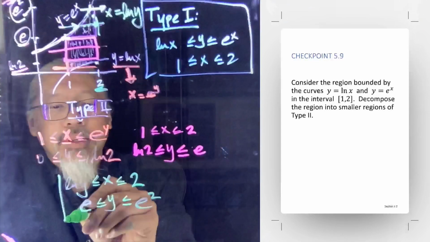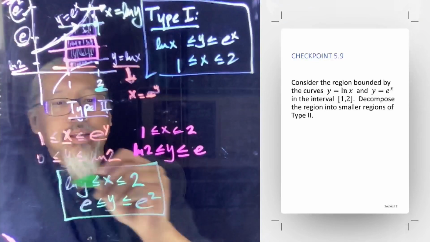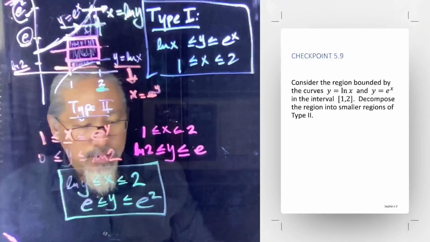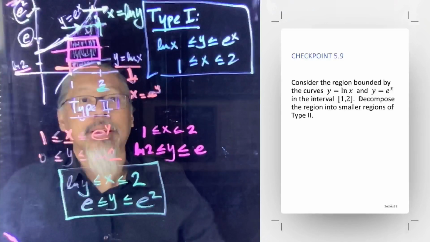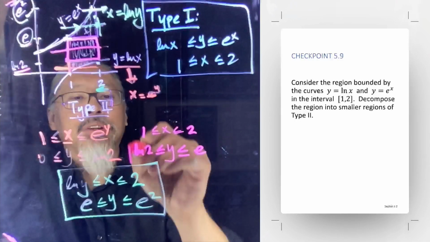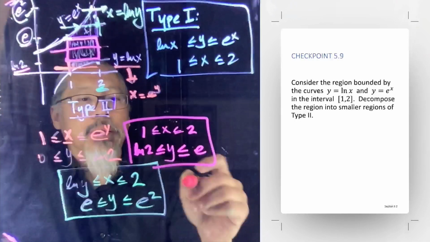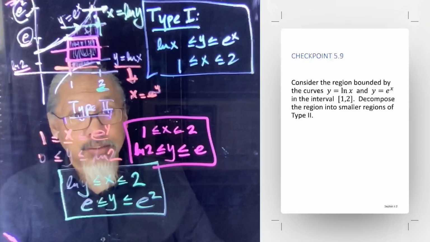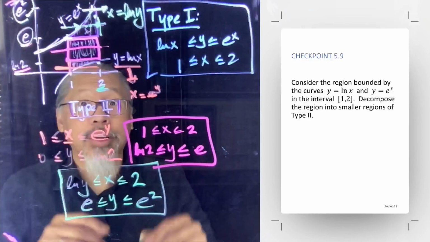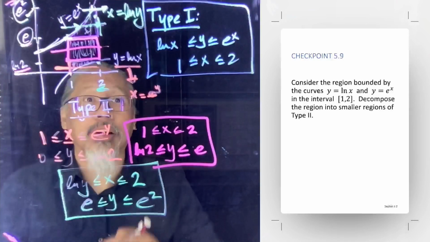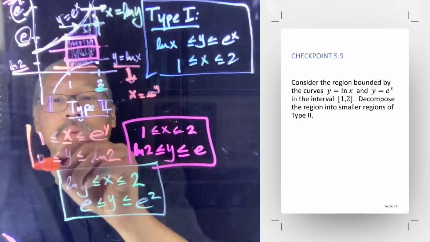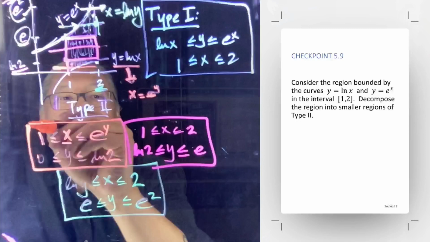All right, these are definitely not nice looking limits of the partition, or the decomposition of this region, because you're going to have these strange functions. Not only that, but had we done it with a type 1 region, we would have been done with one integral.